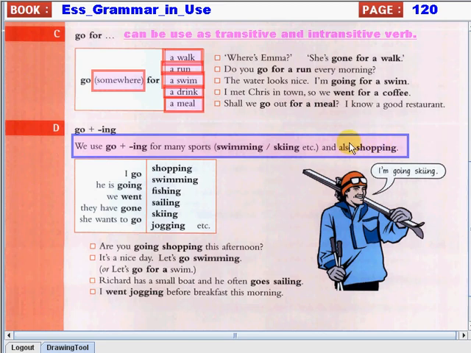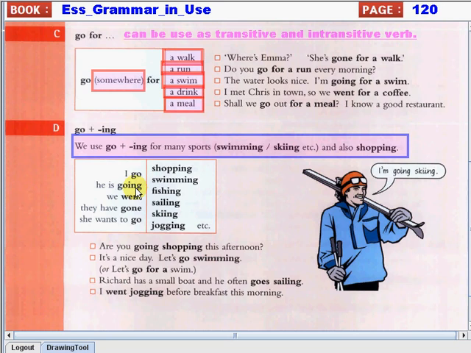And we also use the word go with shopping. For example, I go shopping, I go swimming, I go fishing, I go sailing, I go skiing, I go jogging.